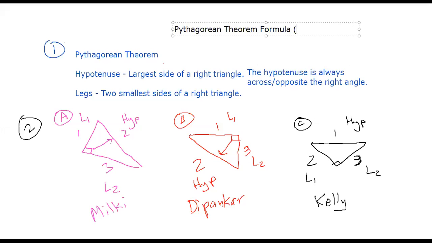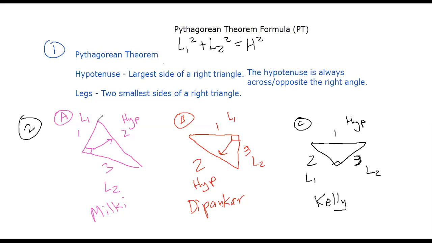Sometimes you hear me say PT to abbreviate it. I'm going to handwrite this because it's tricky to type. One formula is leg 1 squared plus leg 2 squared equals the hypotenuse squared.